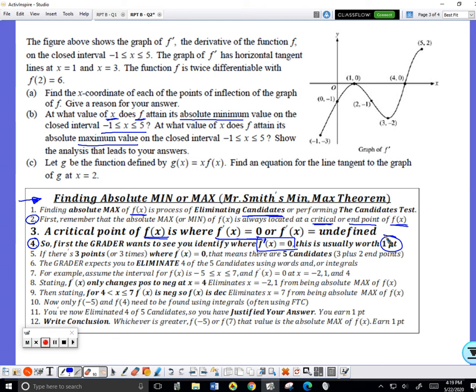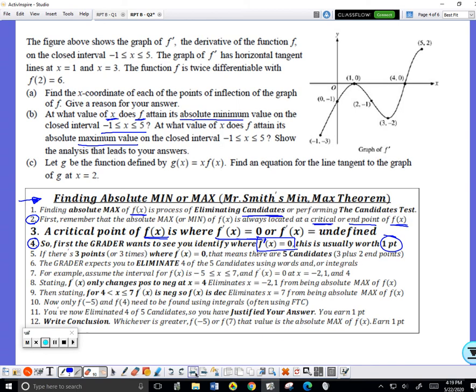I need some space here, so let's copy this over. Just waiting for the copy. Maybe it didn't work. Let's go back here.